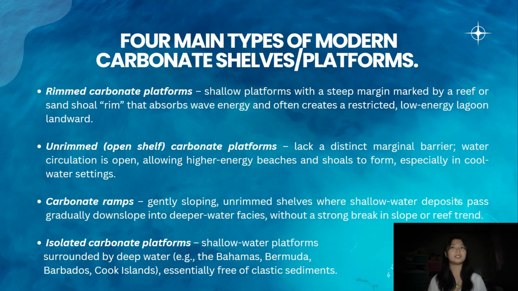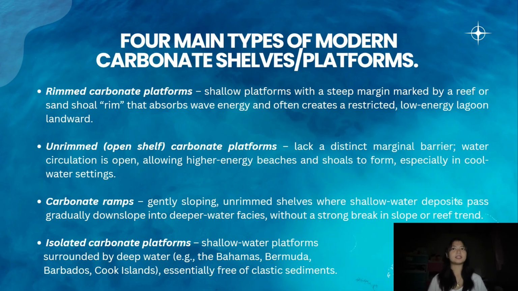So the third one is carbonate ramps. These are gently sloping unrimmed shelves where shallow water deposits gradually pass into deeper water phases. Unlike rimmed platforms, there is no steep break in slope or reef trend.